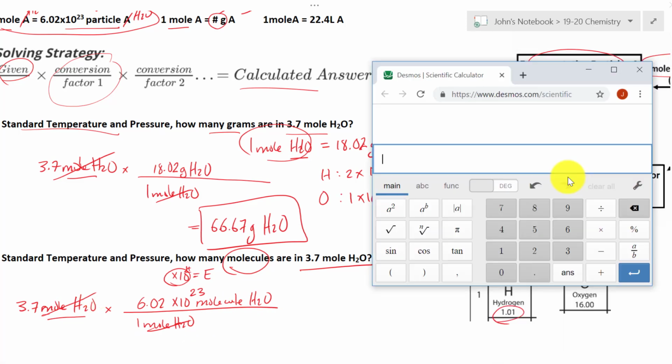Now, because we are dealing with exponential number, we have to use the decimal calculator, specifically scientific calculator. In this case, 3.7 times 6.02, and then that being times 10 to the power of 23, and divide by 1, which we don't care. And that turned out to be 2.227, well, that rounds to 2.23, because of that 7 making it 2 to 3.